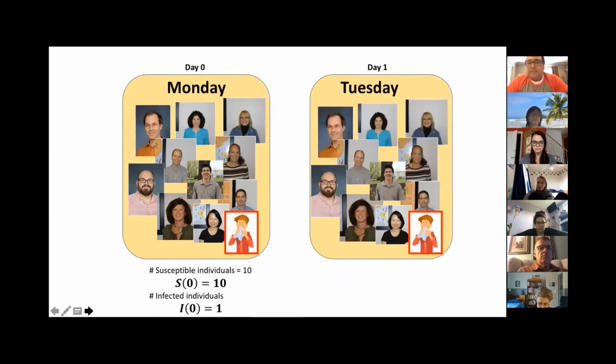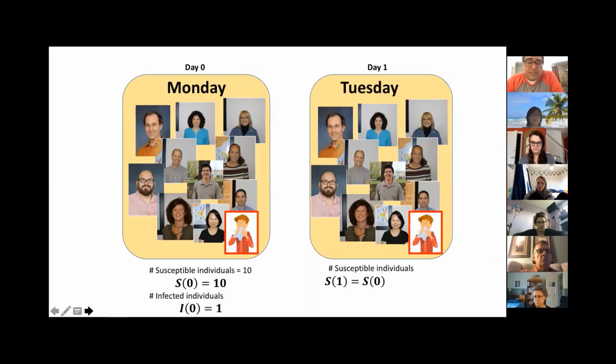So next comes Tuesday. So we move on to the next day, which is 1 day away from the original day. And there are lots of things that can happen on this day. Among them, it's possible that the disease is not transmitted. Then the number of individuals on day 1 will remain the same as the number of individuals from day 0.